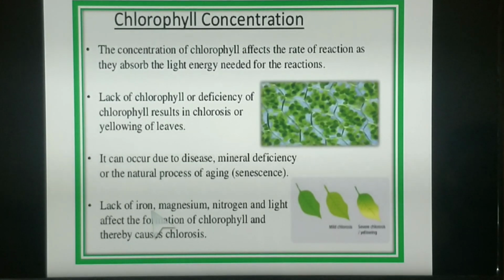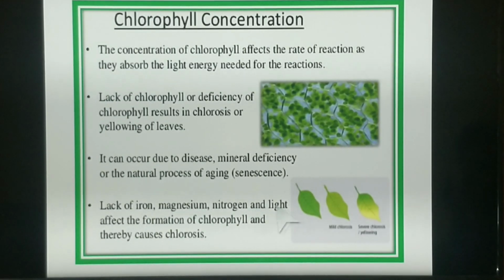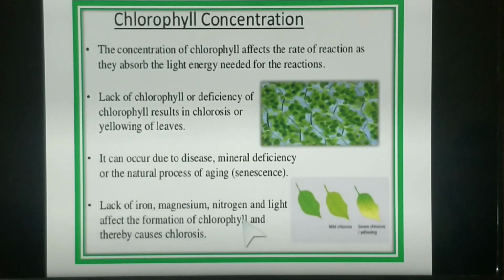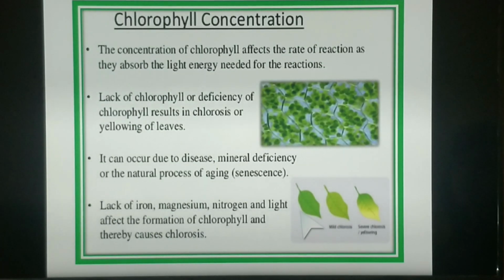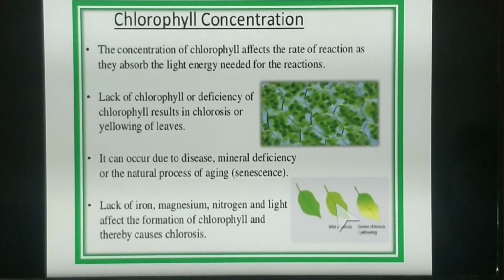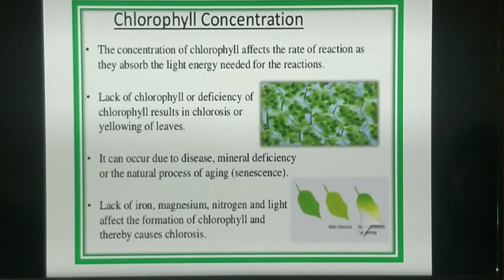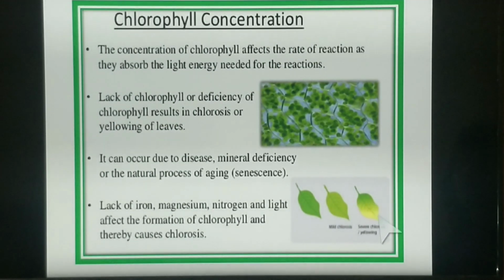Lack of iron, magnesium, nitrogen and light affect the formation of chlorophyll and thereby cause chlorosis. You can see how the leaf is turning yellow. This is a mild chlorosis condition and this one is a severe chlorosis condition.